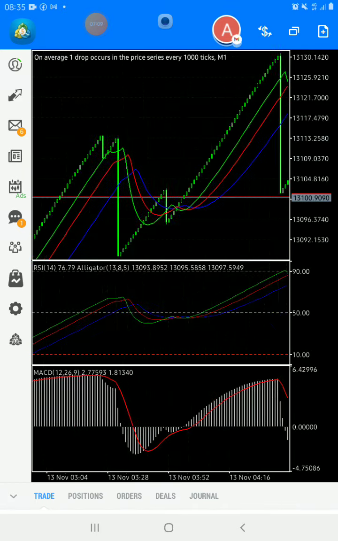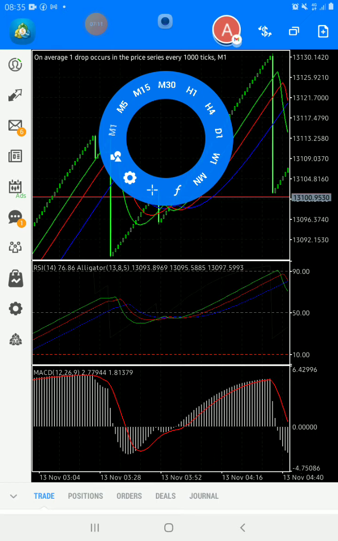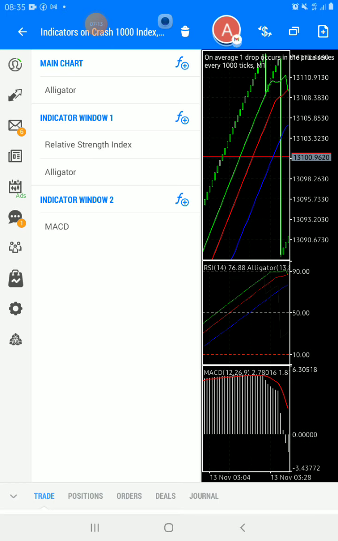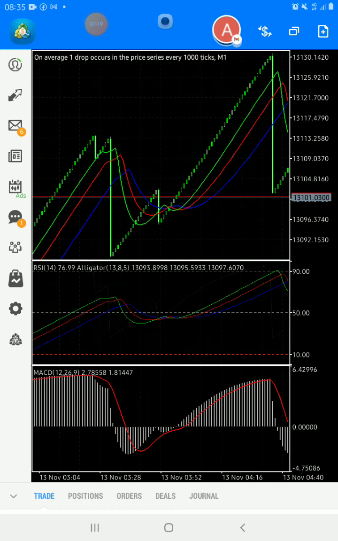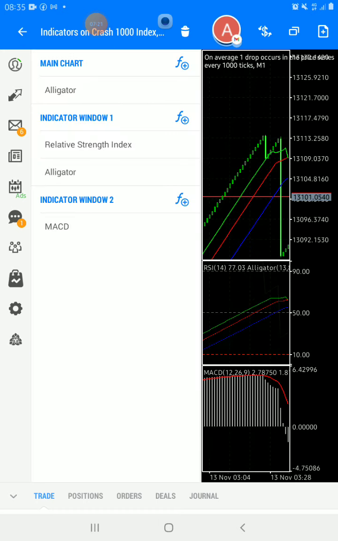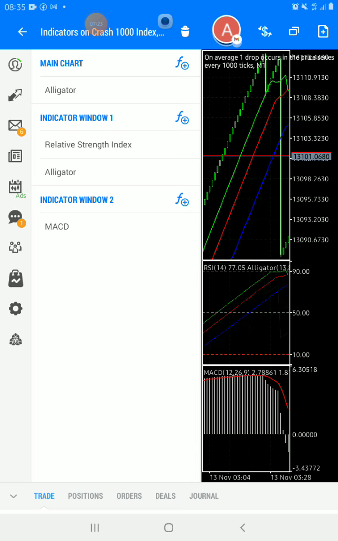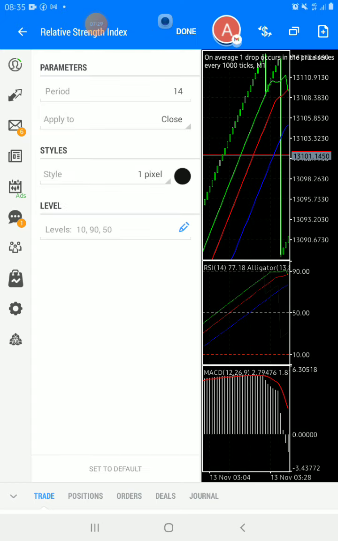Okay, I forgot the settings. These are the settings on the main chart: Alligator default setting. Then you click done, and then you go back to indicator window 1. You come and press F on the main chart, then you look for RSI, then you press, these are the parameters.